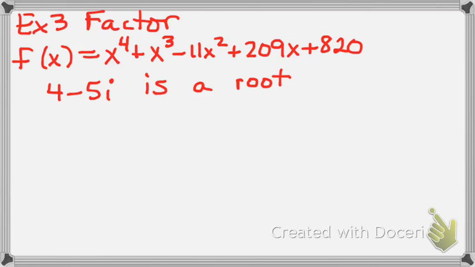So would negative 4 plus 5i be one? All right, so if this is a root, then the conjugate of this should also be a root, okay? So if 4 minus 5i is a root, then 4 plus 5i should also be a root. The conjugate roots theorem says that anytime you have an imaginary root, then its conjugate will also be a root.